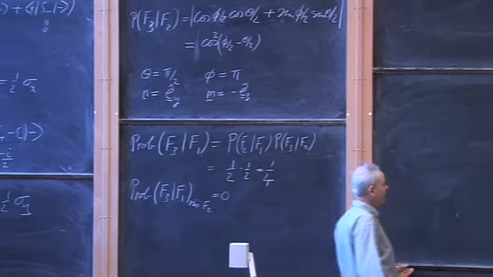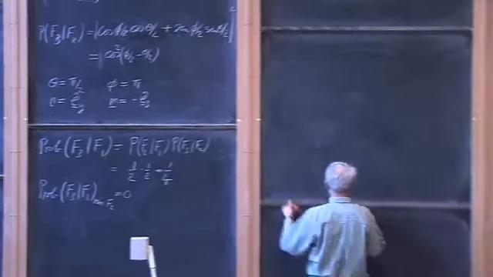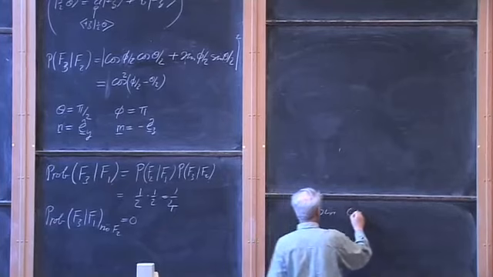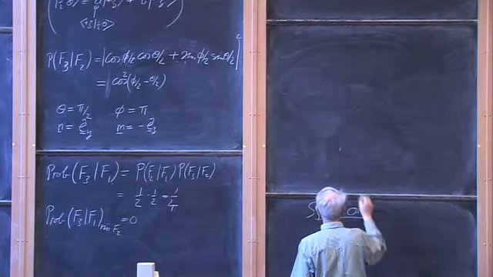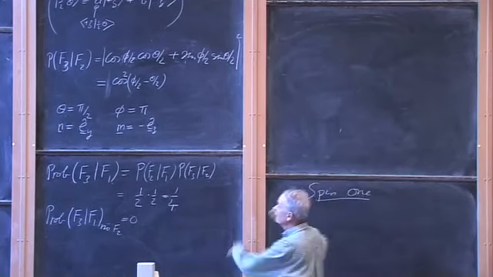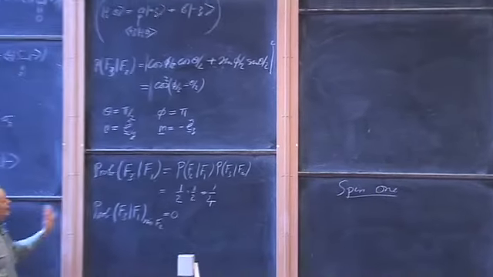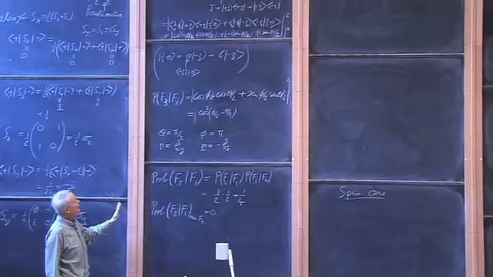So we should talk briefly, as I say, spin 1/2 is far and away the most important case, but let's just briefly talk about spin 1 and make the point that everything we've been doing here generalizes to arbitrary spin. There's nothing we've been doing here which is really peculiar to spin 1/2.